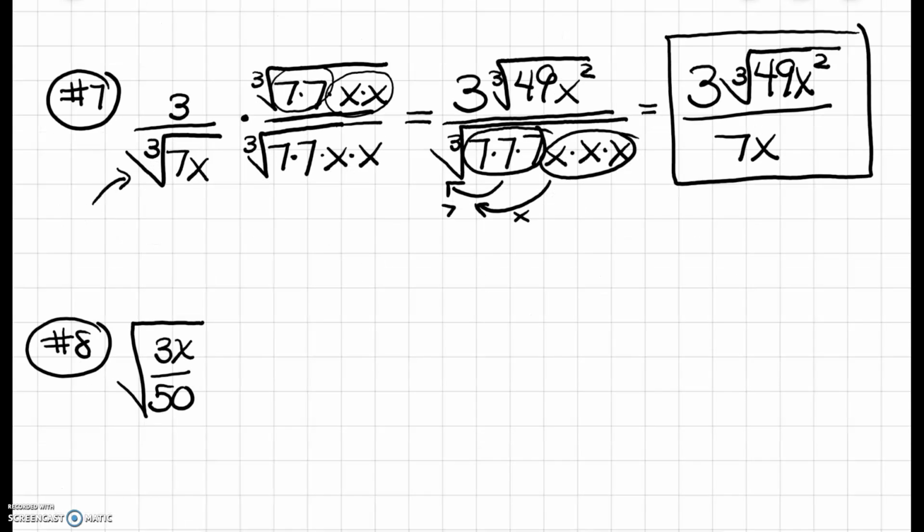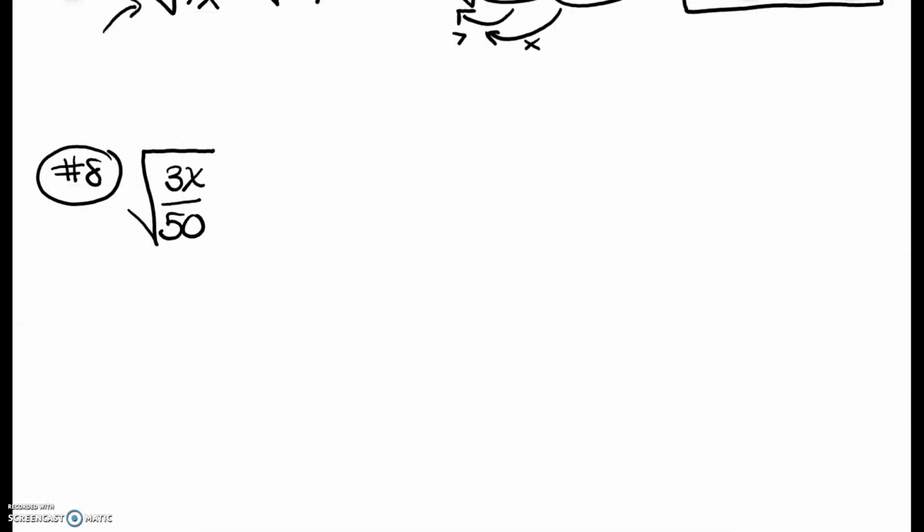And the last problem I'm going to do is similar to problem number 8 on your worksheet. I'm going to rationalize this. So I'm going to split the numerator and the denominator into 2 separate radicals.